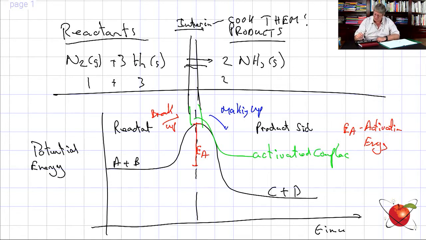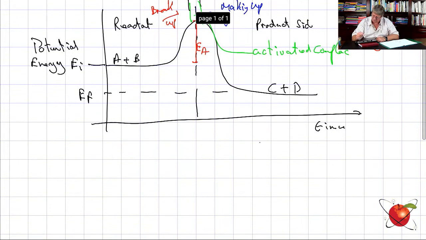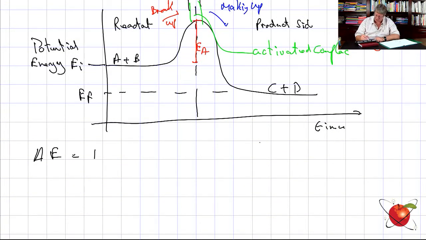Right? The next we said, all right, now this is energy initial. This over here is energy final, isn't it? So what is the change in energy here? For those of you who've done it with me before, it's always E final minus E initial, which in this case, E final is less than E initial.